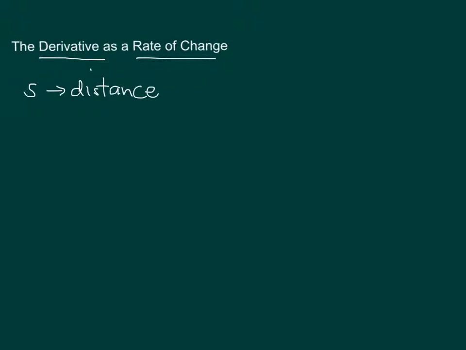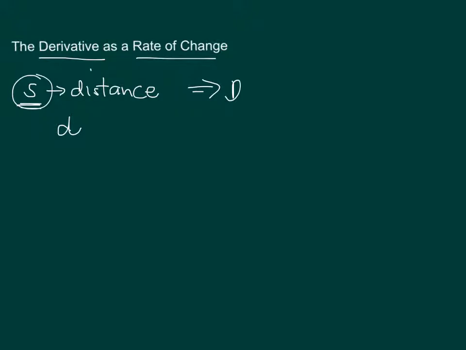Normally, we label distance as letter S, although we can think of it as D, but since the common expression that we use for derivative is D, we will assign S for distance. So what is it all about, distance?